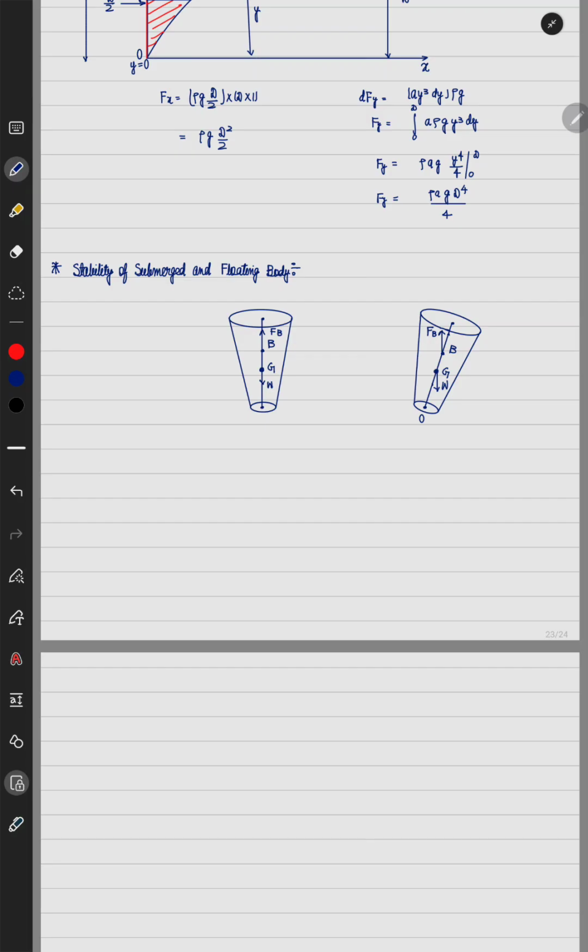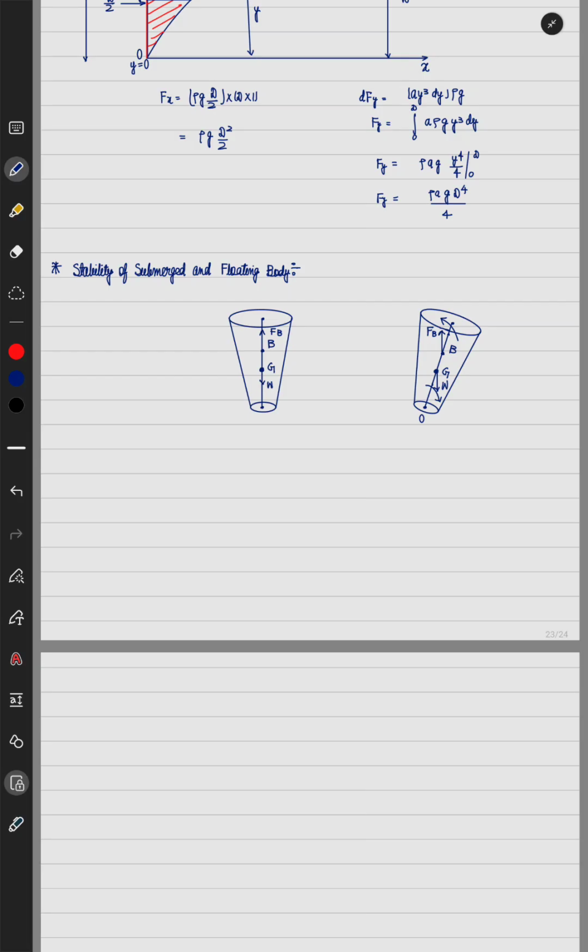Now about point O, this weight is trying to rotate the body in this direction, but the buoyant force will try to rotate the body in this direction. So the torques acting by both the forces about the axis are in opposite directions. They will try to cancel each other. In that case, the body will try to stabilize.